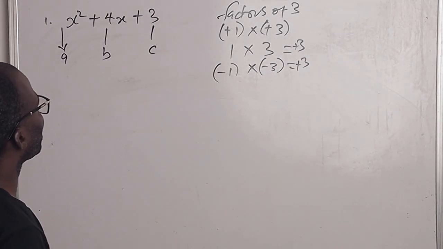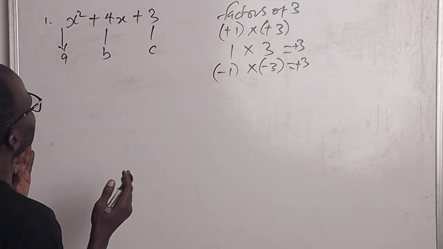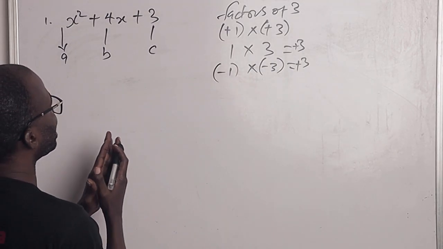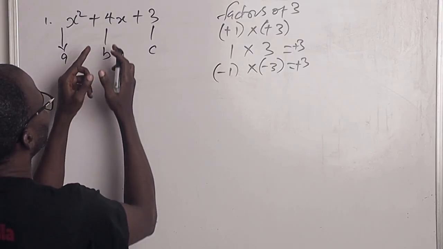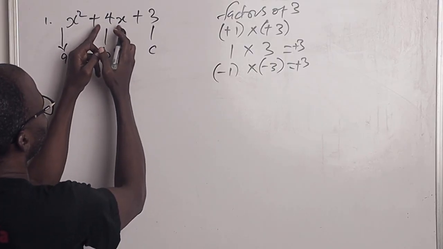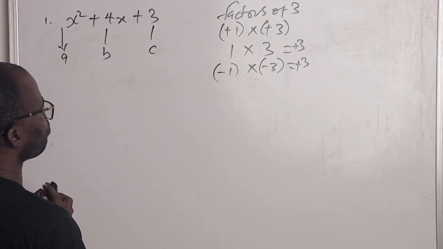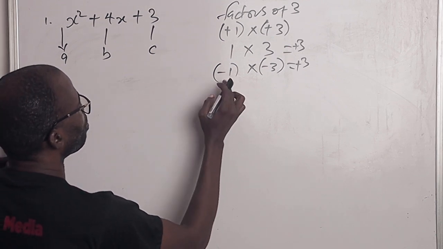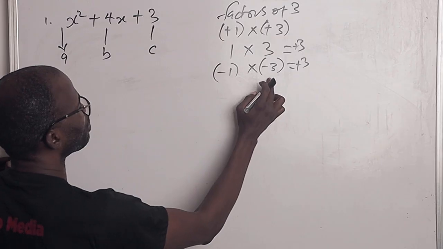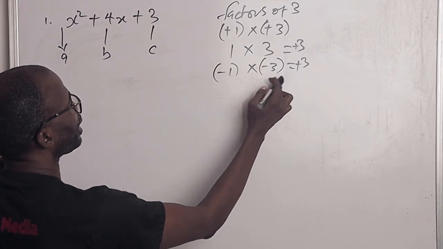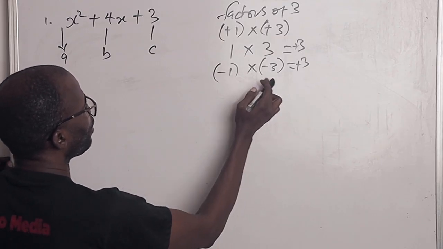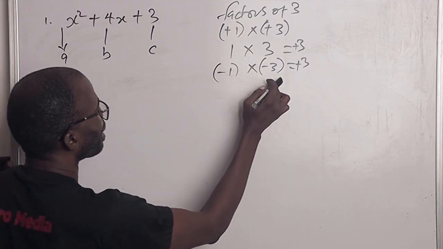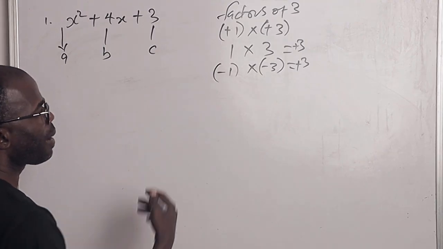But let's look at this. We are saying, what factors of 3 are we going to add together that will give us the value of 4x? So let's start from this below. Minus 1 times minus 3 will give us plus 3. But if you add these two together, minus plus minus will give us what?